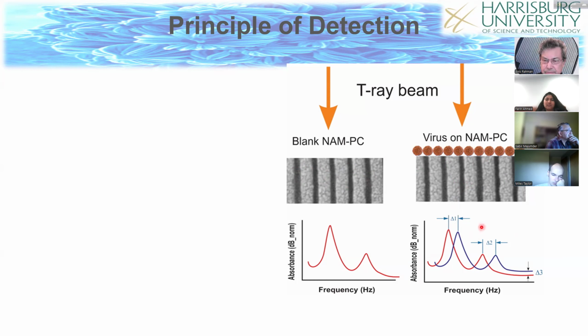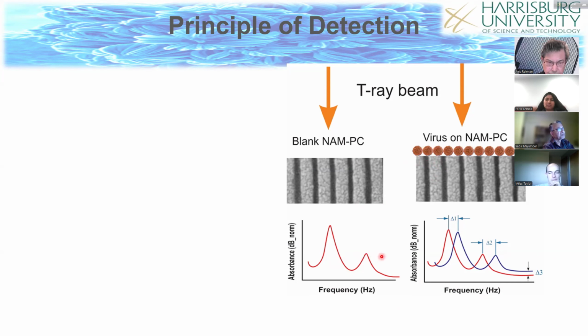We have defined three quantities: shift of the main peak, shift of the secondary peak, and also the difference between the loss factor. The absorbance is the loss, right? So we define delta 1, delta 2, and delta 3 to be able to identify this material.